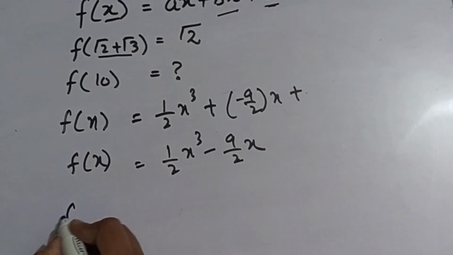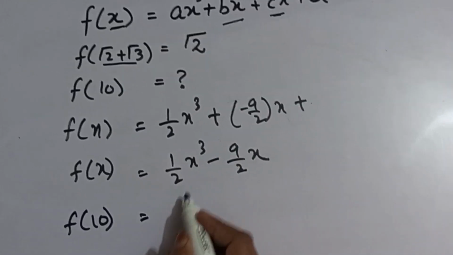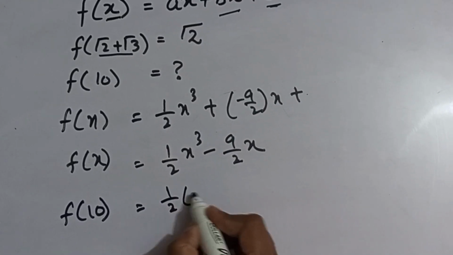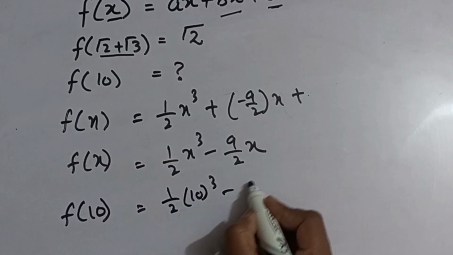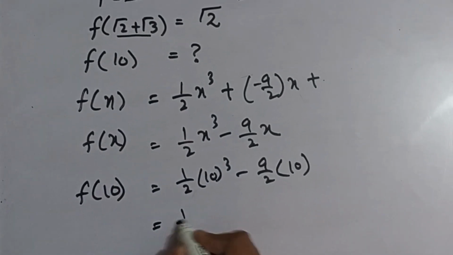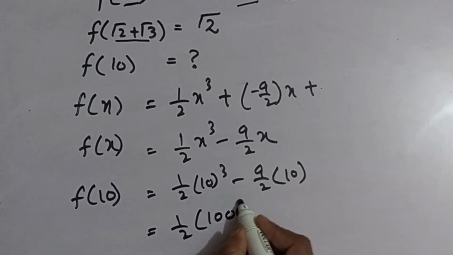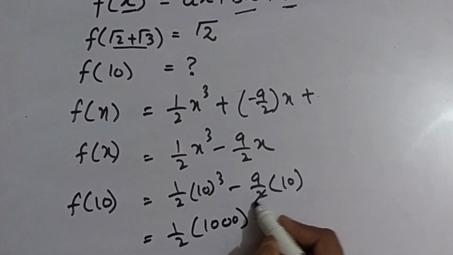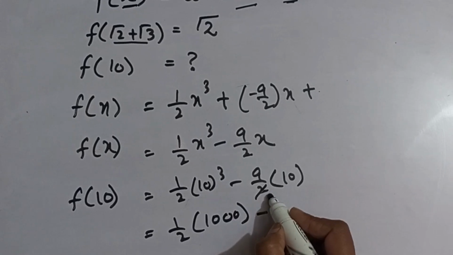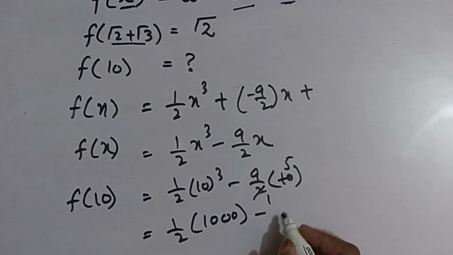We find the value of f of 10. So we replace all x by 10. So we have 1 over 2 times 10 cube minus 9 over 2 times 10. 1 over 2 times 10 cube is equal to 1000 over 2, which is 500. Now we simplify the other term: 2 5s are 10, and multiply this 9 by 5, we get 45.